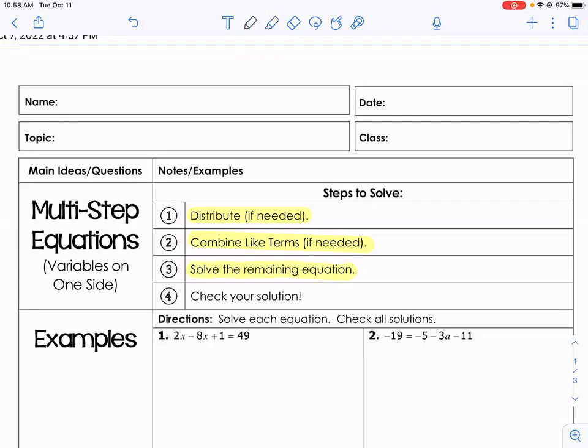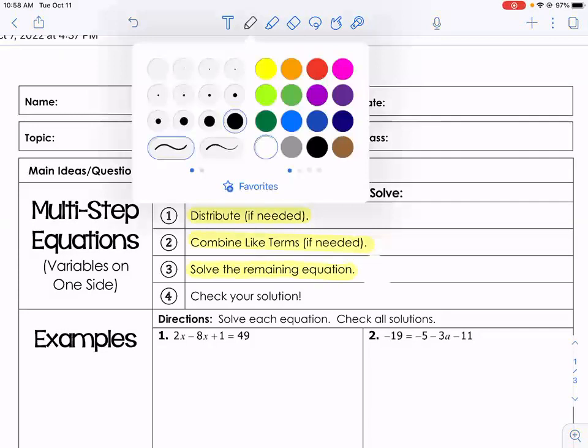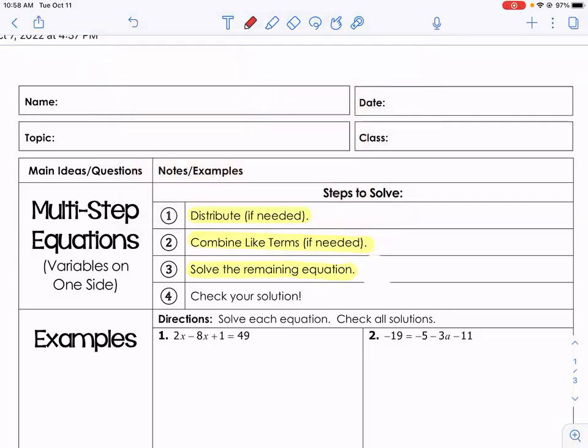Okay, so I'm going to put a little reminder here that we would need to use our inverse operations, just like we did last week, to solve a 2-step equation. We always know if we have the right answer by checking our work.